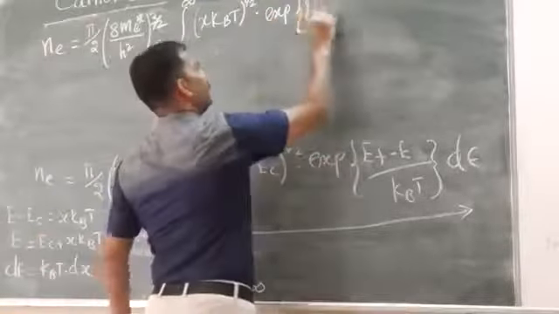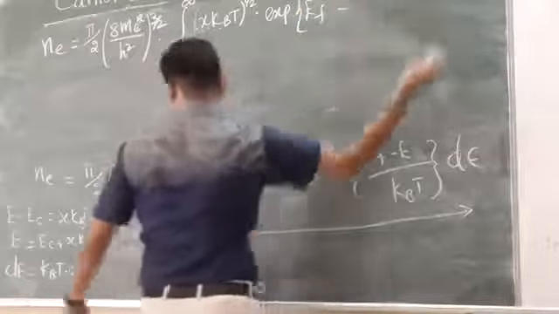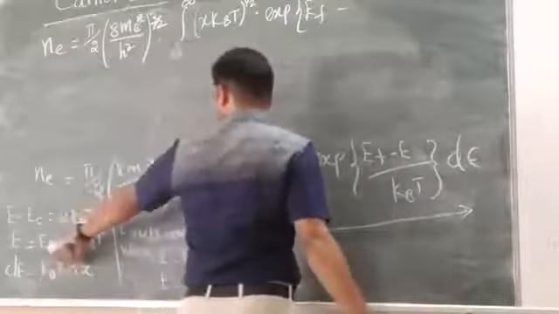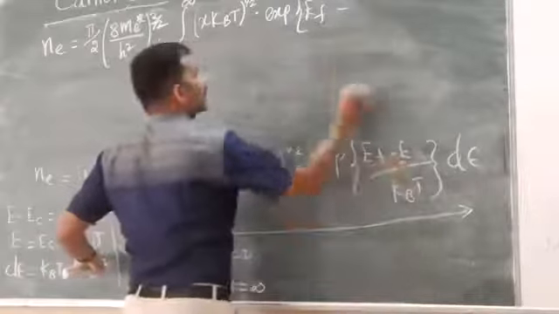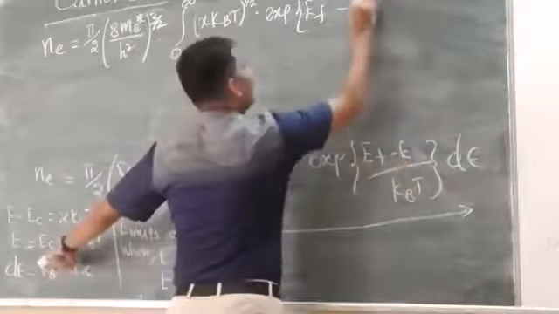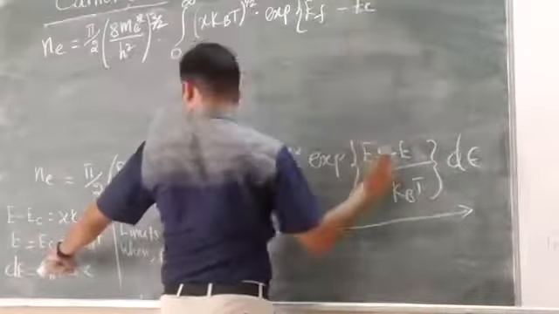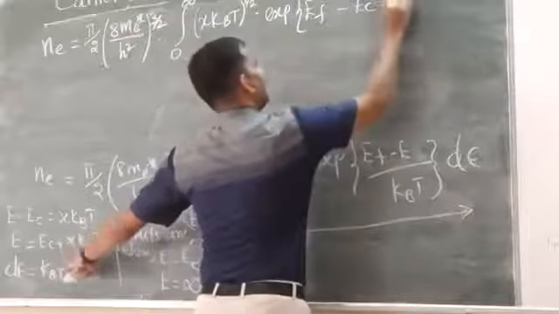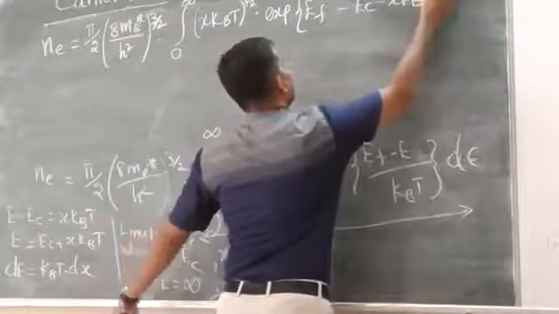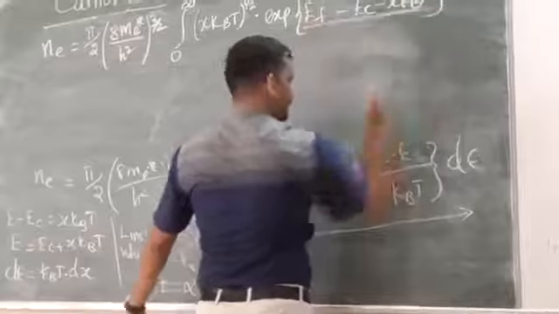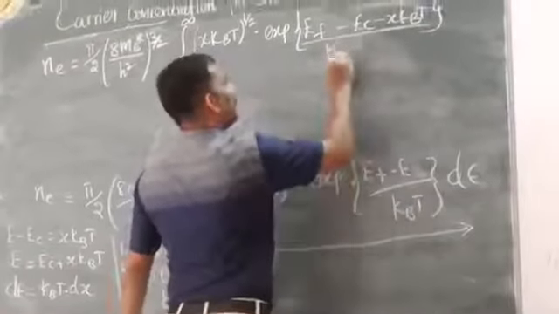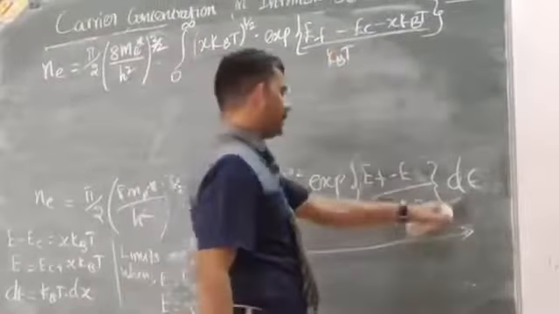Ef minus, right? What is our E? Ec plus x kBT. So minus of (Ec plus x kBT), divided by kBT, and we have one more term, that is dE.